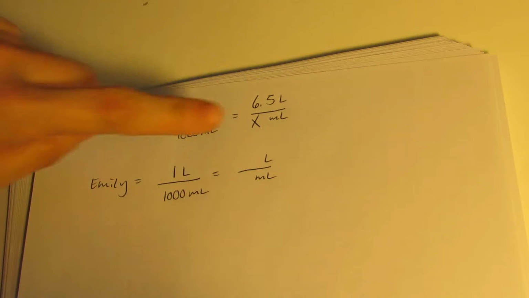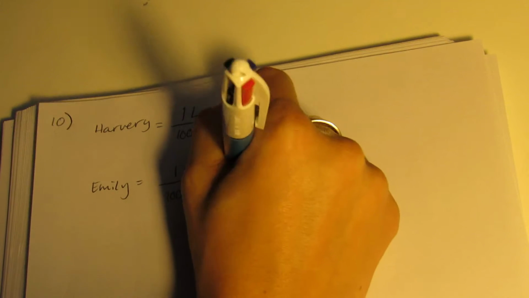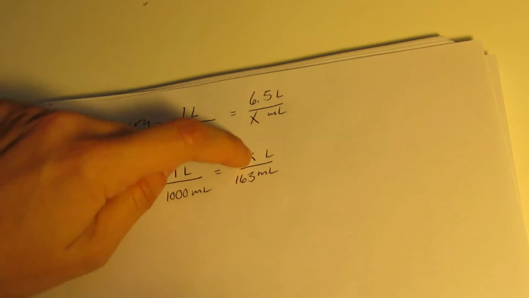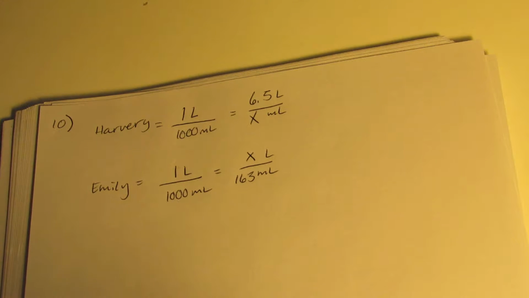Ooh, so she doesn't bring liters, she brings milliliters. So that's 163, and we solve for liters for her. Then we need to make sure our total is in liters, because it asks how much orange juice in liters they had in total. So we're going to look at these 2 liters and total it. Okay, so let's start with Harvey.